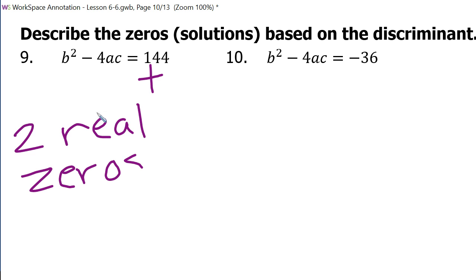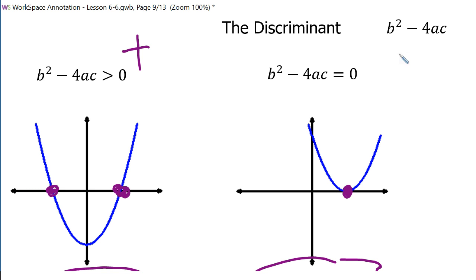Number 10, we have b squared minus 4ac equals negative 36. Now for this one, the discriminant equals a negative. So if your discriminant is equal to a negative, what does that tell me? There's no real zeros, but we have 2 imaginary zeros.